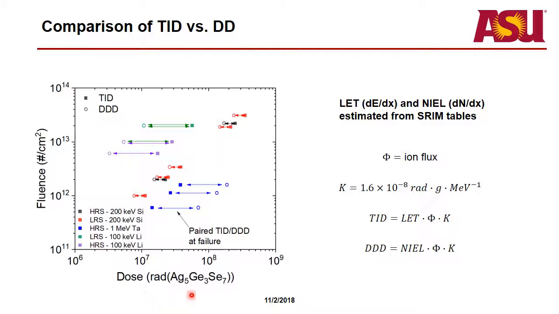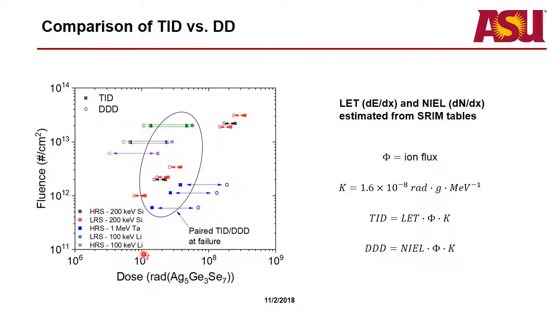On this plot over here, everything is plotted, both the displacement damage and the TID, in terms of rad for this material, silver germanium selenide. The TID values are marked by the solid symbols, whereas the equivalent displacement damage dose at that failure for that ion is these open circles here. You see that changes seem to correlate more with TID values.